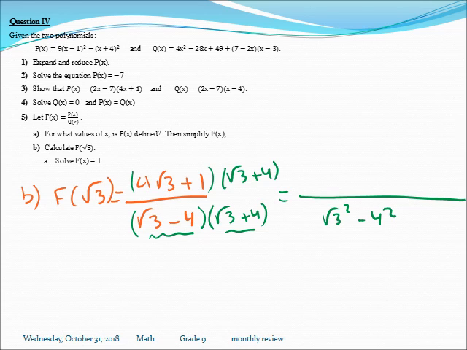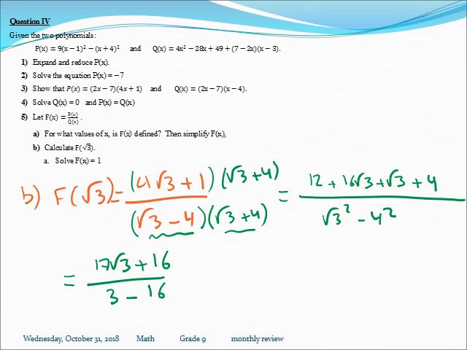Here 4 radical 3 times radical 3 is 12. 4 radical 3 times 4 is 16 radical 3. 1 times radical 3 is radical 3. 1 times 4 is 4. So 16 radical 3 plus radical 3 is 17 radical 3, and 12 plus 4 is 16, over 3 minus 16.